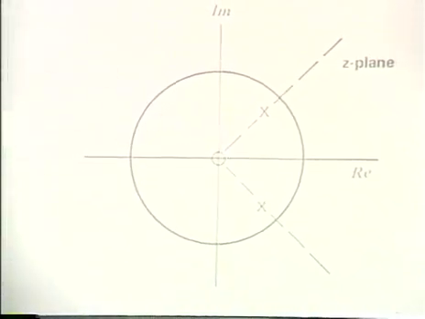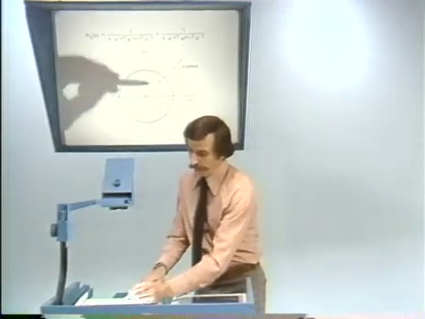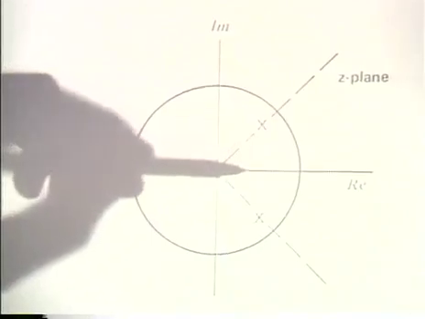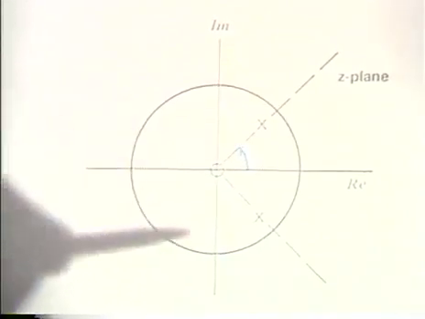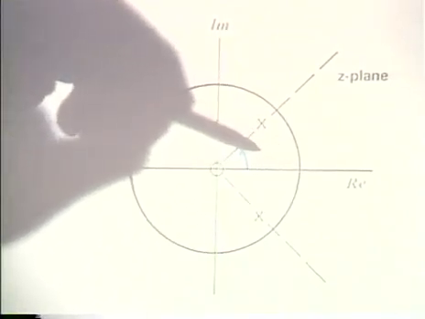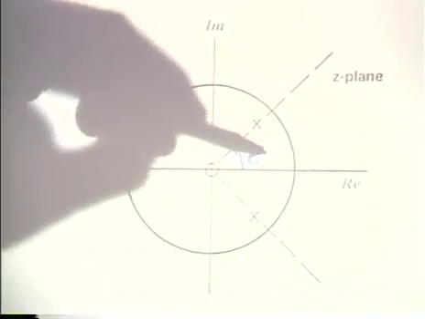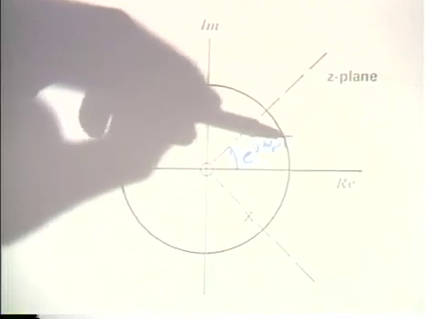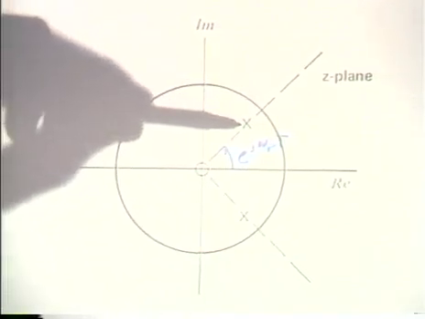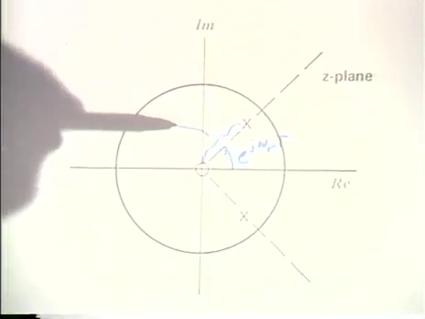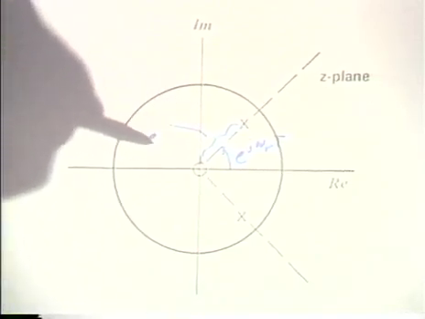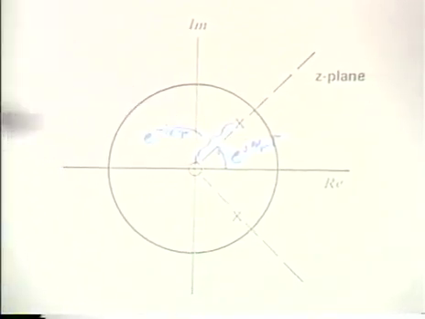And in fact, then, the pole is defined by its angle, and this angle is e to the j omega sub r capital T, and by its radius, and this radius is e to the minus alpha capital T.